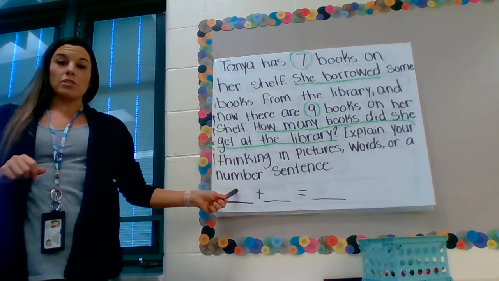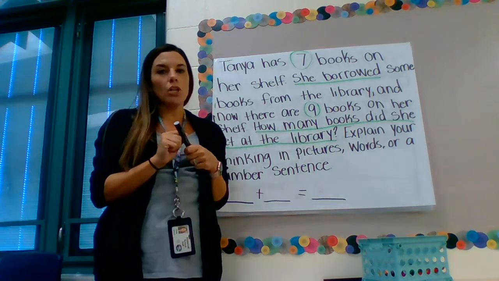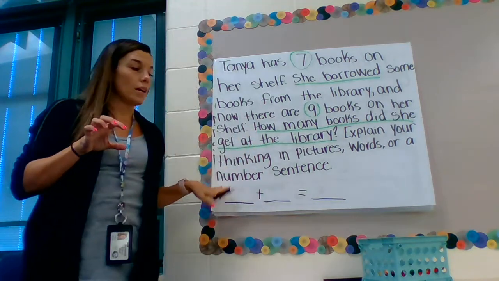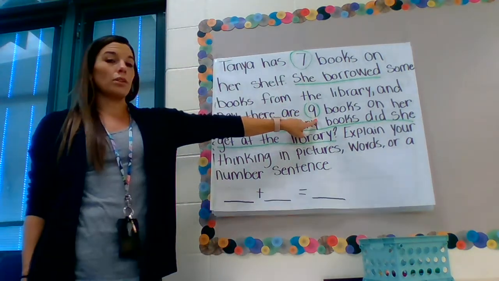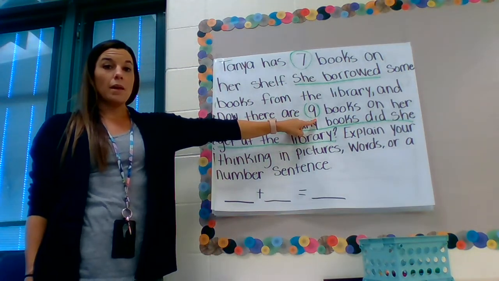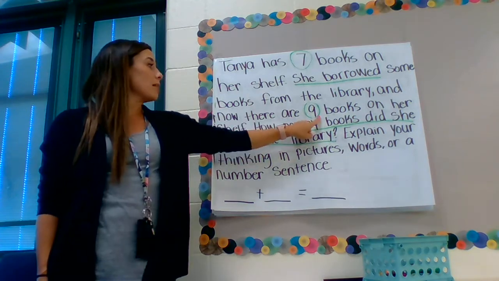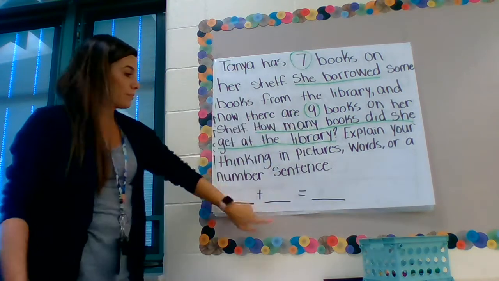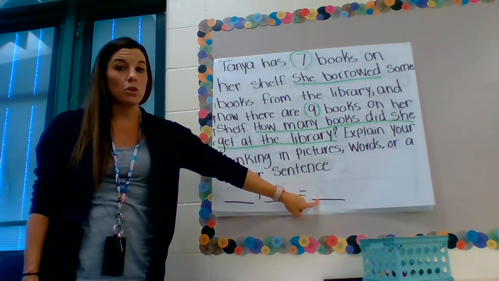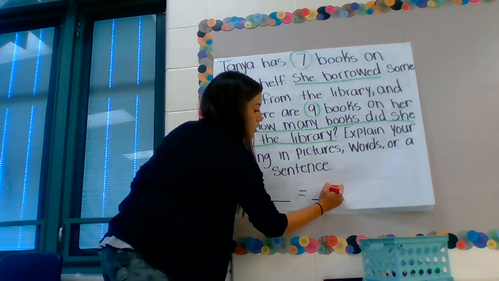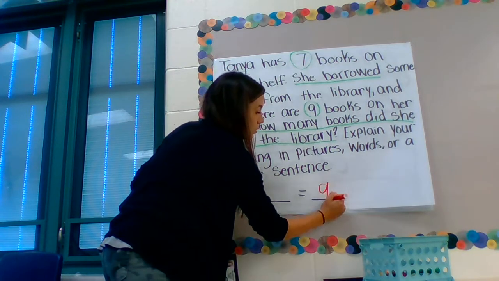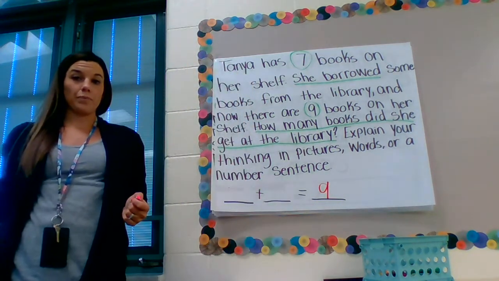This is the reason why I'm starting with this, because we already know 2 pieces of my number sentence. We already know the total amount, right? Because it says that she ended up with 9 books altogether. That's going to go on the total line. Remember, equals the total amount. So she ended up with 9 books.